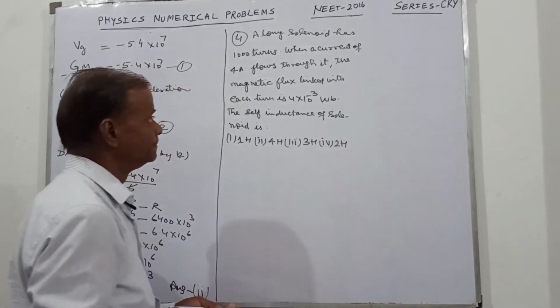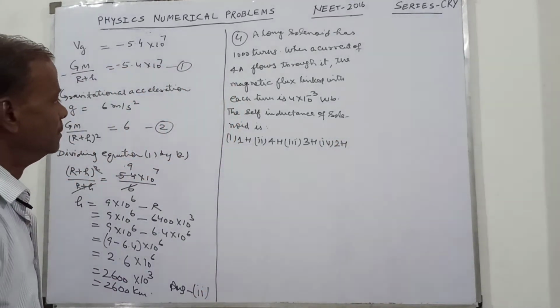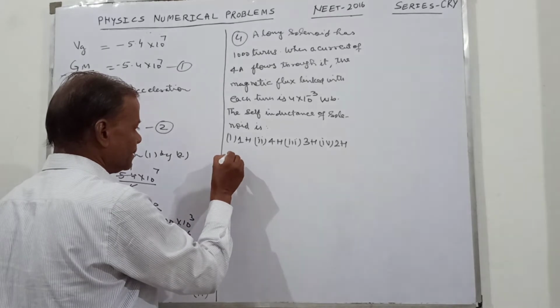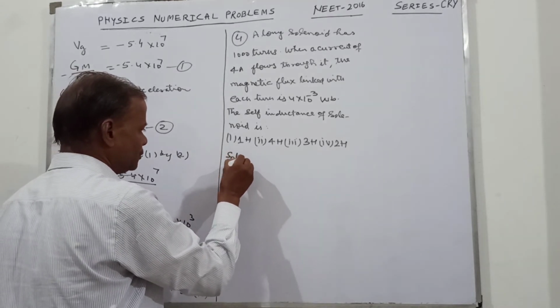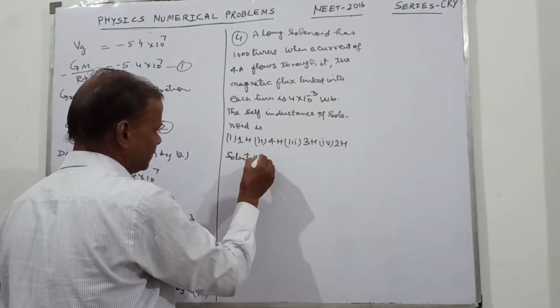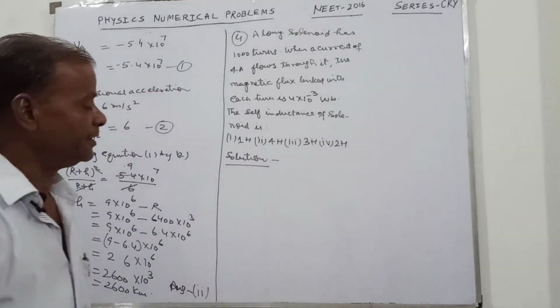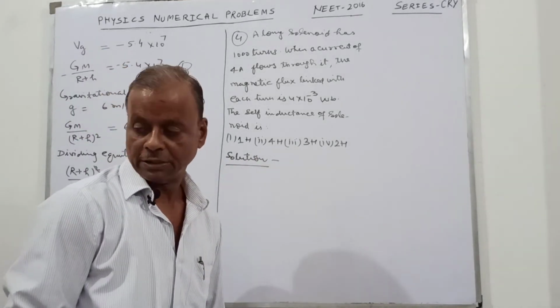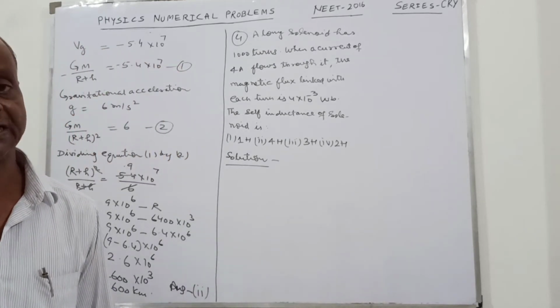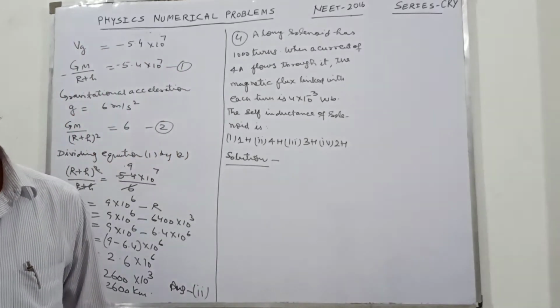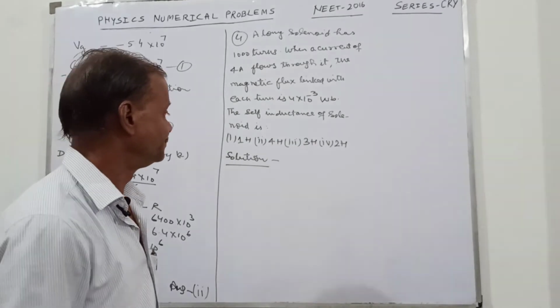So now the solution to this question. We have to find the self-inductance, and it is given that the magnetic flux linked with each turn is so much.